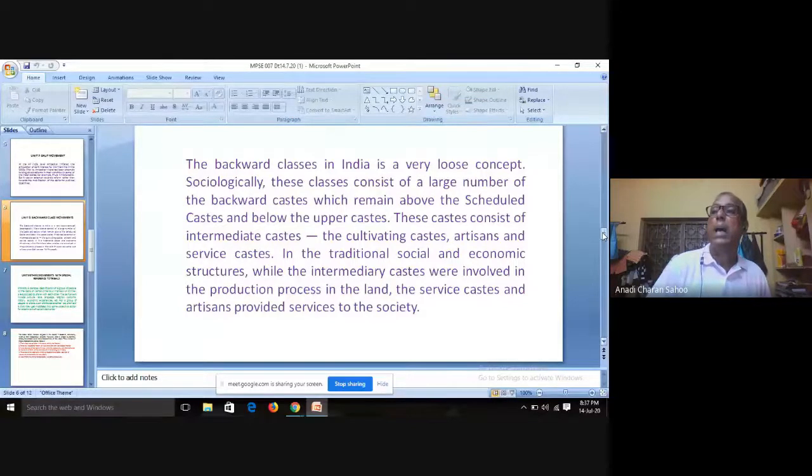But there have remained internal differentiations among them. While the intermediary castes came to control the affairs of the village society, the artisans and the service castes joined the ranks of the marginalized groups, the wage laborers, marginals, and the poor farmers.